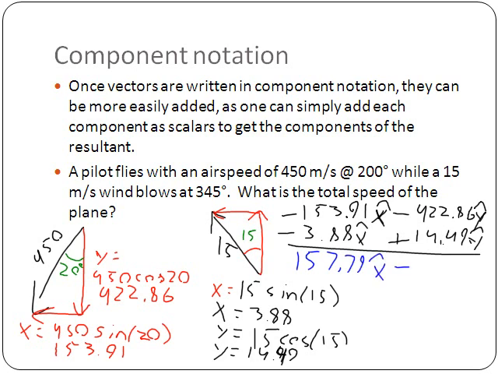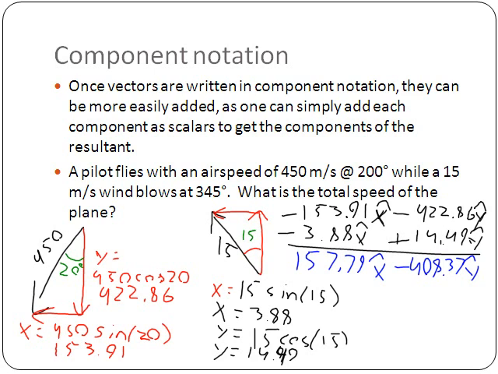Then for y, we take negative 422.86 plus 14.49, and that gives us negative 408.37 y hat. So we have the overall vector: our total is negative 157.79 and negative 408.37.